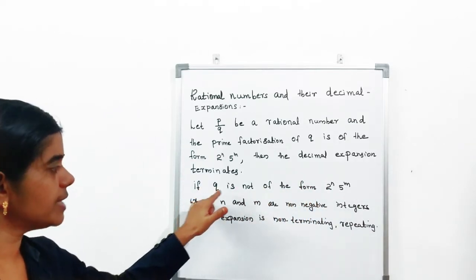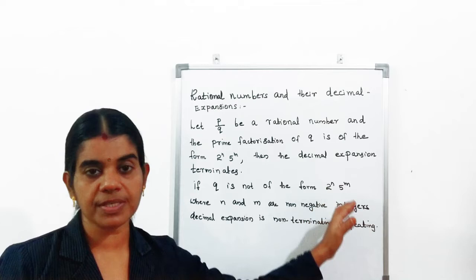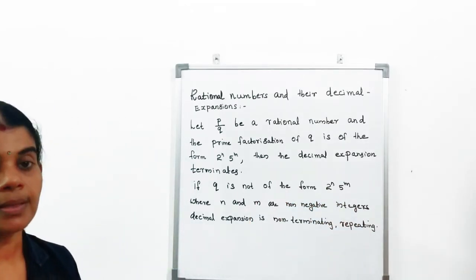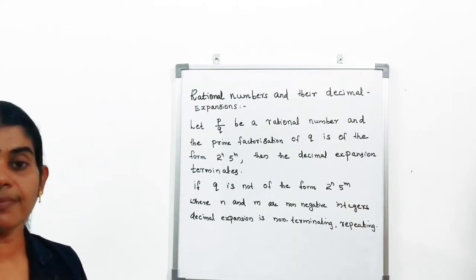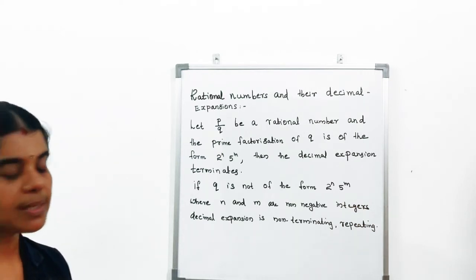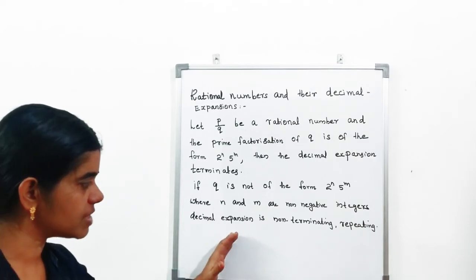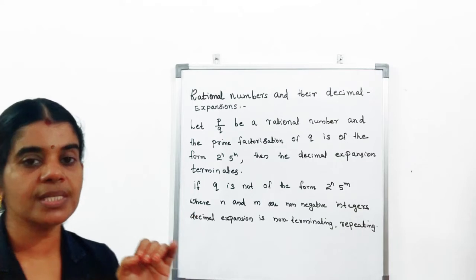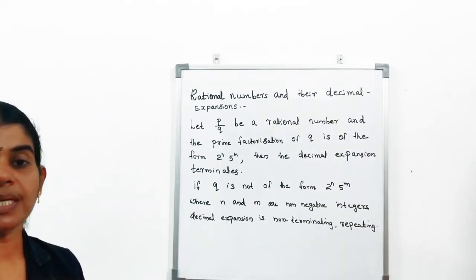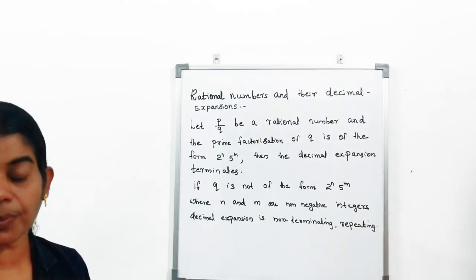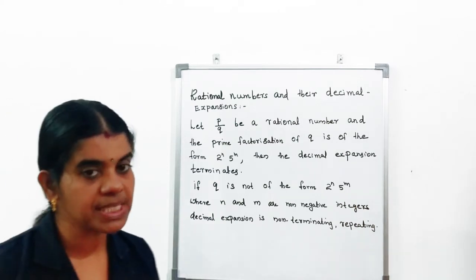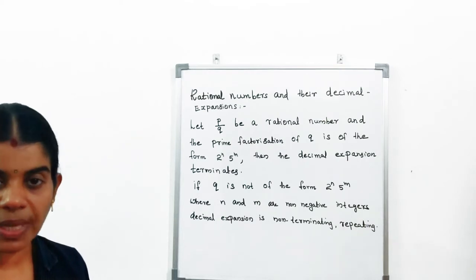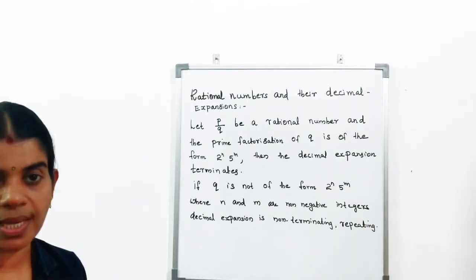If q is not of the form 2 raised to n and 5 raised to m, if you are getting any other number other than 2 and 5, that means 2 and 5 also there and one more number 3 also there, suppose, then it will have a decimal expansion non-terminating and repeating. Therefore, find the denominator's factors. If they are in the form of 2 raised to n and 5 raised to m, it will be terminating. If the denominator is not in that form, then it will be non-terminating and repeating.